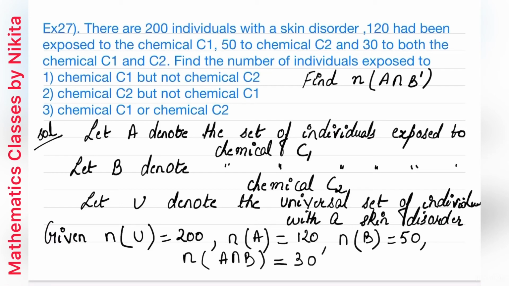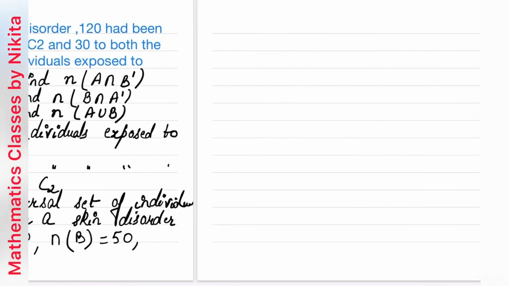In the second part you have to find the number of individuals exposed to chemical C2 but not chemical C1. That means B intersection A complement, and in the last part you have to find chemical C1 or chemical C2. So this "or" means union, so number of elements in A union B. Okay, so let's find each one by one.